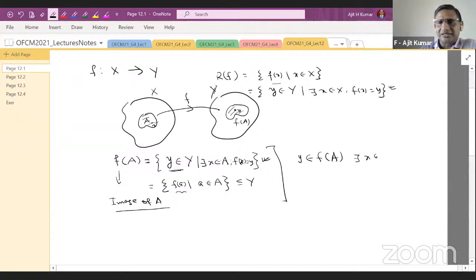But if I look at the other definition, it says the elements are always of the form f of a, so we start with an element in A, whereas we are talking about a subset of Y. So if I look at any element y in f of A, this means there is some x in A such that y is the image of x. Is the definition clear to everybody?